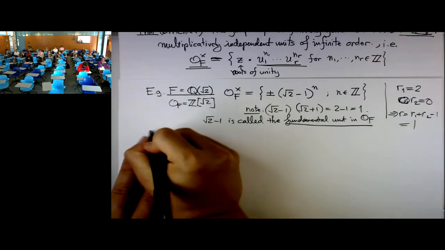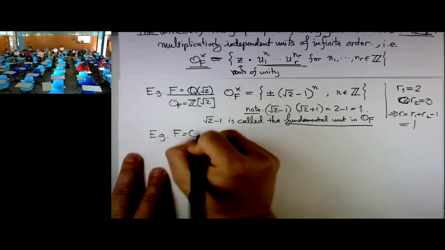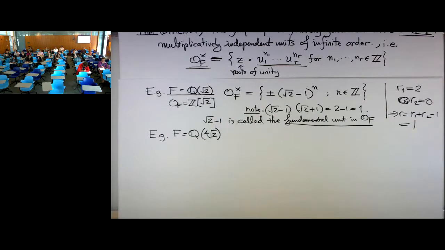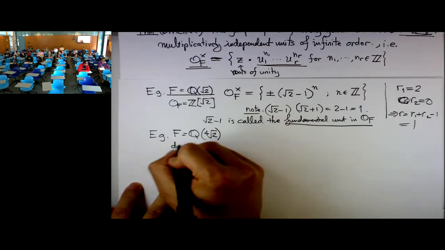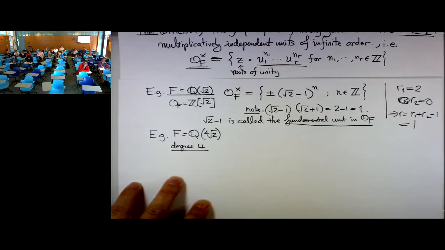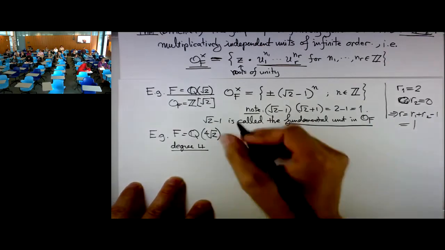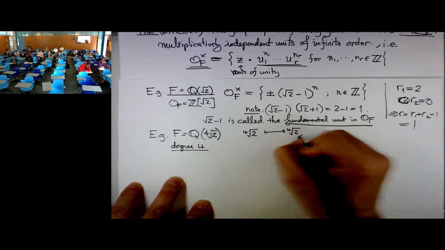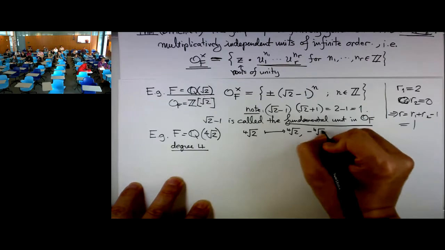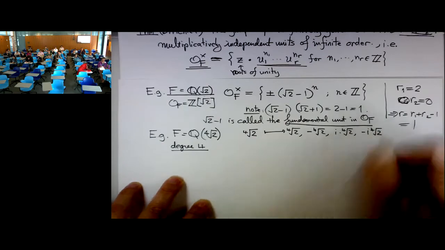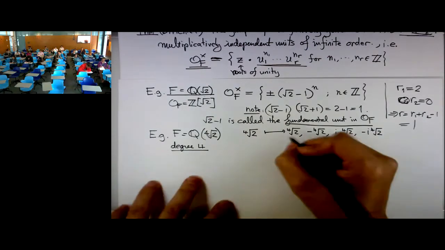Maybe I'll give another example. So you have this degree 4 extension. What are the embeddings? The fourth root of 2 can go to fourth root of 2, or negative fourth root of 2, or i times fourth root of 2, or negative i times fourth root of 2.